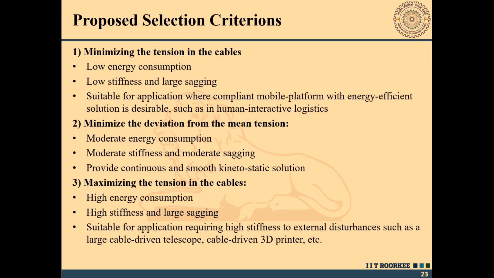Then the other criterion could be minimizing the deviation from the mean tension. Of course, it has moderate energy consumption, moderate stiffness and moderate sagging, and it provides a continuous and smooth kineto-static solution. Then maximizing the tension in the cable, basically for high energy consumption, high stiffness, and of course, suitable for applications such as cable driven 3D printers, cable driven telescopes and all.